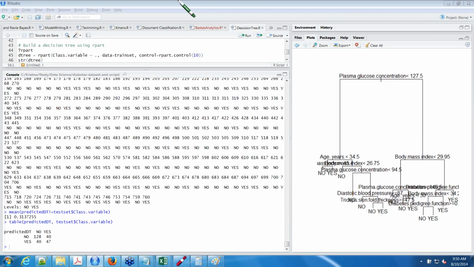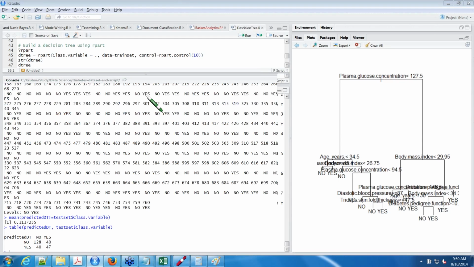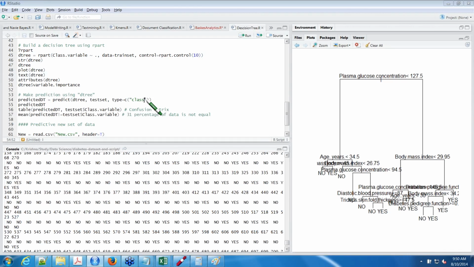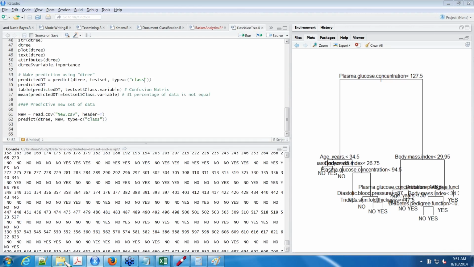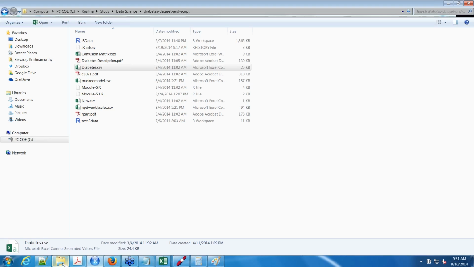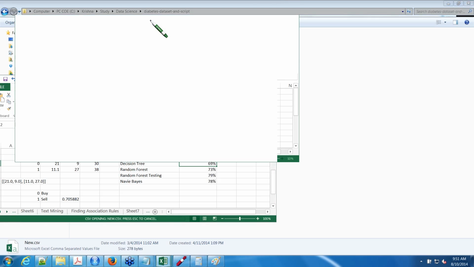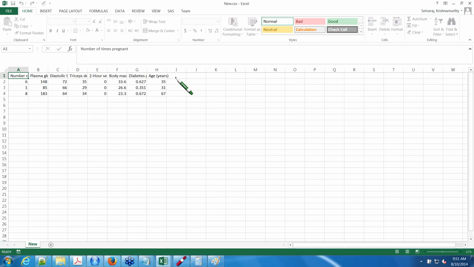Finally, the predicted result set, if you want to store it, you can store it. Now I have new incoming data which does not have the dependent variable. Can you see it?